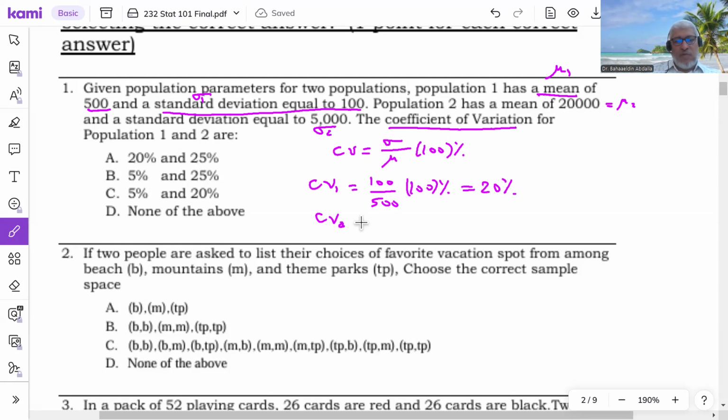And coefficient of variation 2 would be the standard deviation of population 2, which is 5,000, over the mean of population 2, which is 20,000 times 100%. And using the calculator, this is 25%. So the answer is A.